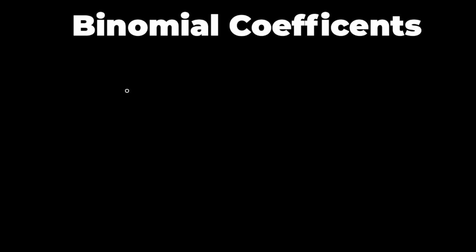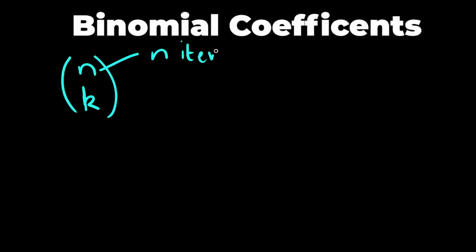Okay, so let's talk about the purpose of binomial coefficients. First of all, you calculate a binomial coefficient by using notation like this, which you may already have seen. Now, what this means is I've got n items, and I want to know how many ways I can group k of them.